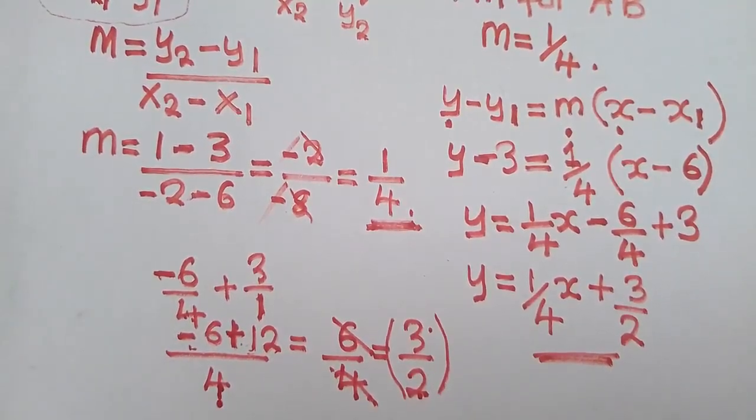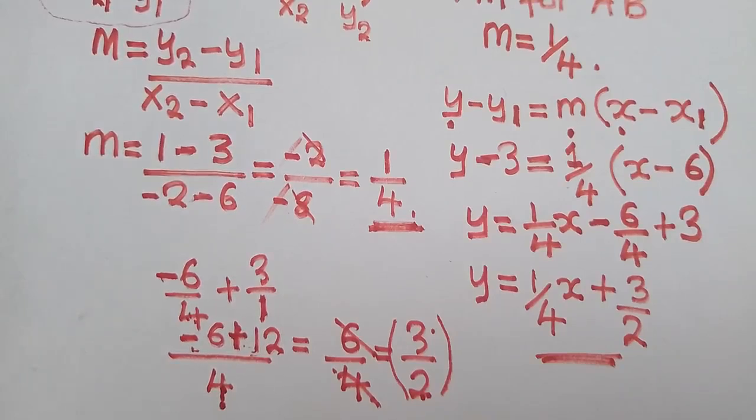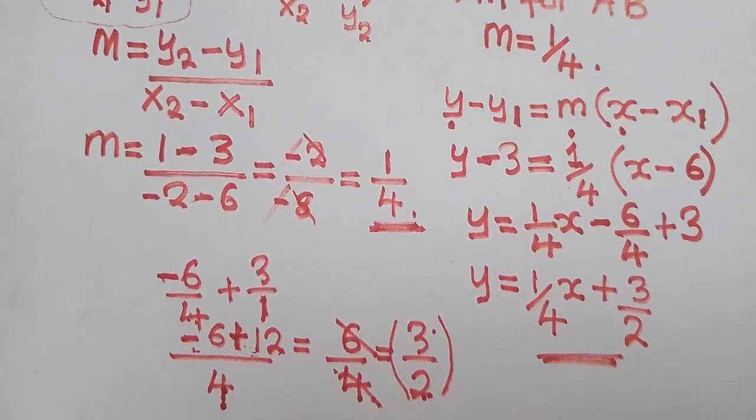So I've taught you how to find the gradient and the equation of the line. This is what you need to do, and this is what you need to understand. Now, let us move to the other way in which a question can come. They can come in two ways.